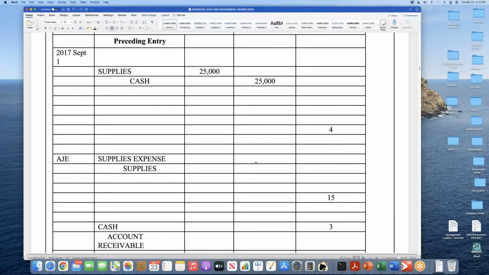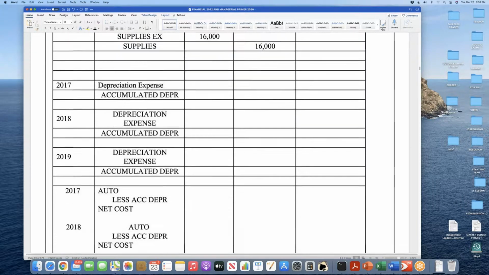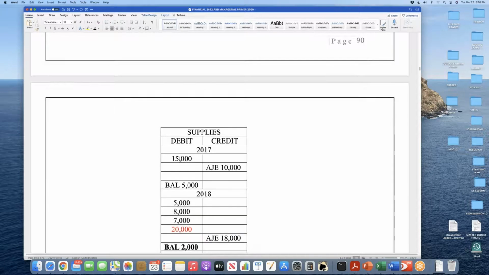If we look at the T account for supplies, right now that T account for supplies has what in it? 25,000, correct? At the start of the period in 2017. At the end, it was 5,000. So what does the AJE have to be? 20,000.